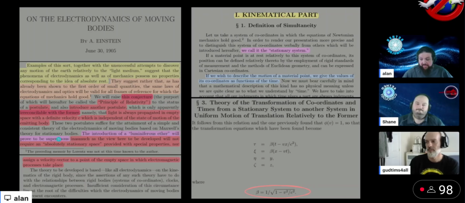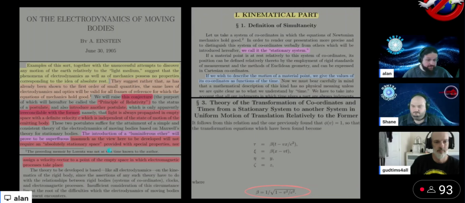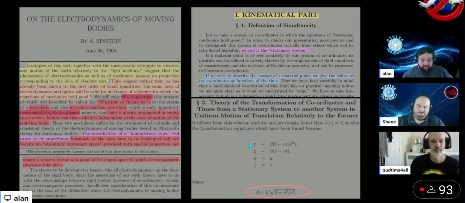And then also the mathematical concepts where we're using an absolutely stationary space or assigning special properties where we can assign imaginary vectors for electromagnetic propagation. We're not going to do any of that. We're going to redefine: there's no absolute time, there's no absolute space. We're redefining time as a function of velocity. And here's what the mathematical representation of that looks like, our coordinate system transformation for our time coordinate being equal to the gamma factor times the quantity t minus the velocity times the distance over c squared.